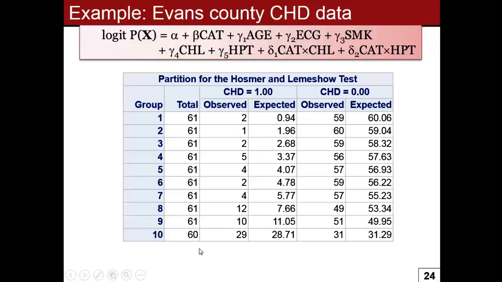And we saw here that the standard way to do this test is you split the group into tenths. And so here we have about 600 people in the data set because there's about 61 people in each group. And what you see is that within each row, the observed number of events, 29 out of 60, is more or less equal to the sum of the predicted probabilities for those 60 people.